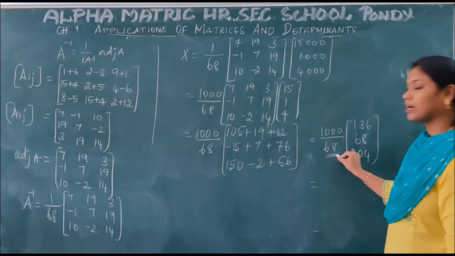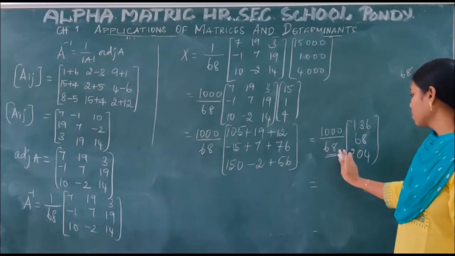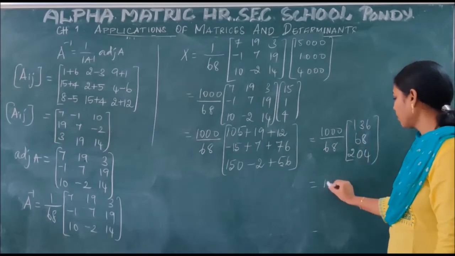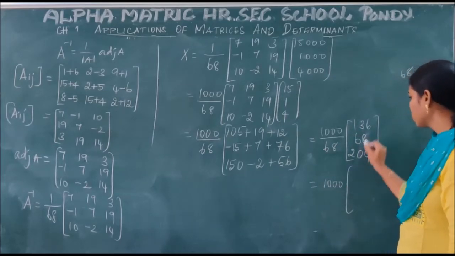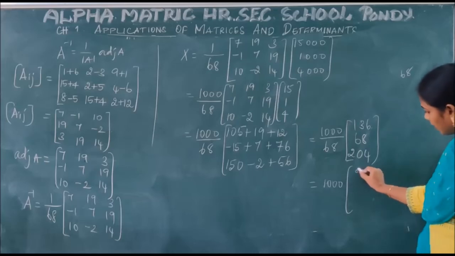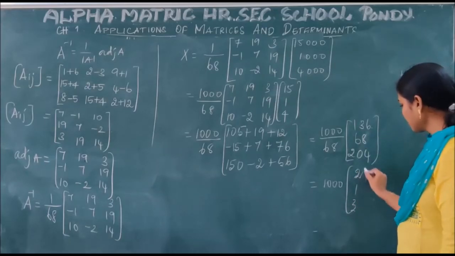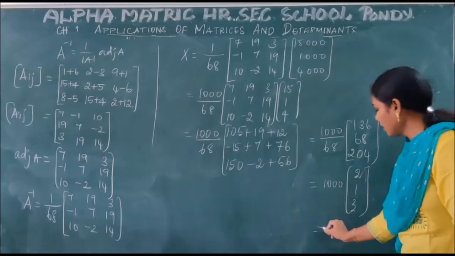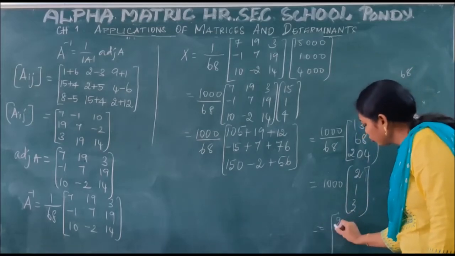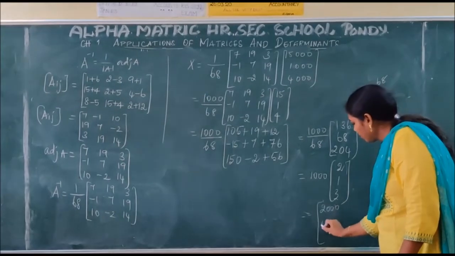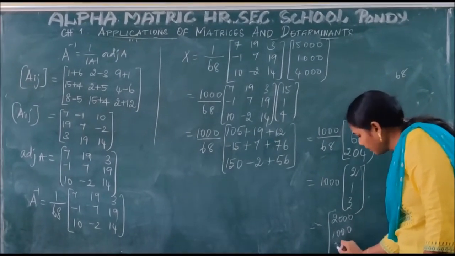Now just divide by 68. So you will be getting 1,000 into 2. If we divide this by 68, we will get 2 times, next is 1 times and the next is 3 times. So on the whole, the values are 2,000, 1,000 and 3,000.